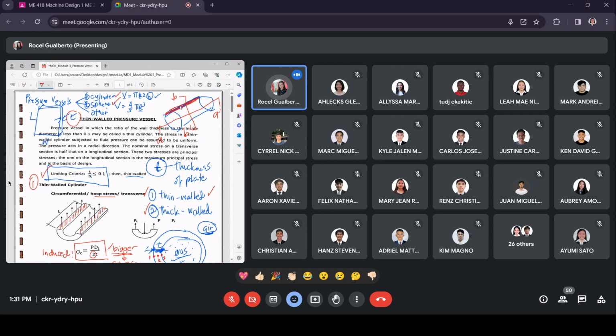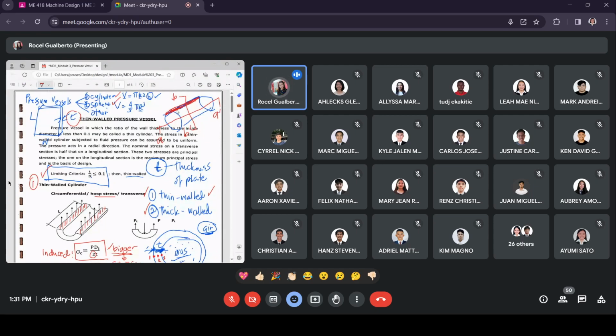We consider this joint as to its efficiency. There are cases where it is not 100% efficient, so most probably this would be the Achilles heel of your pressure vessel, the weakest part. If failure would occur, most likely it would occur here at the weld or the rivet.